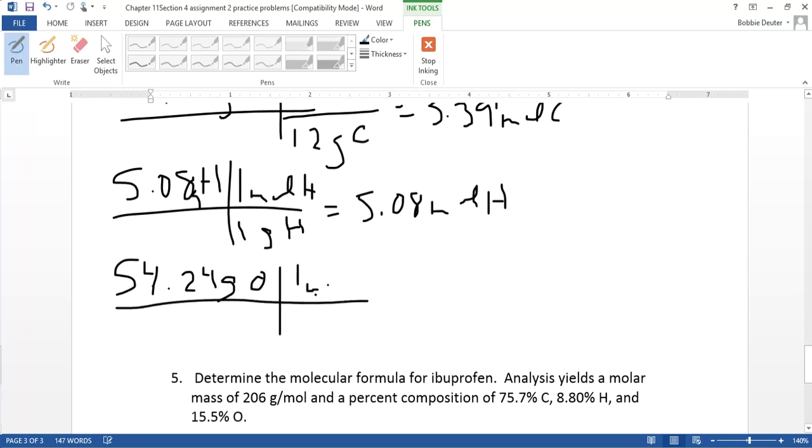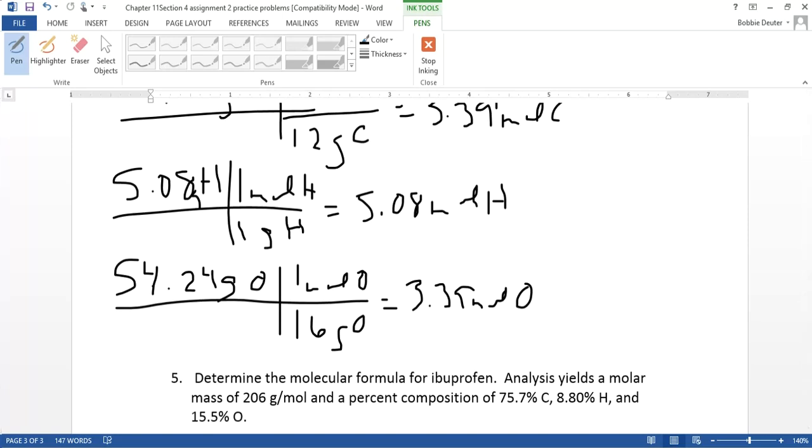And we have 1 mole oxygen and 16 grams oxygen. And we get 3.39 moles of oxygen. Note I kept everything in scientific notation, 3 significant digits.